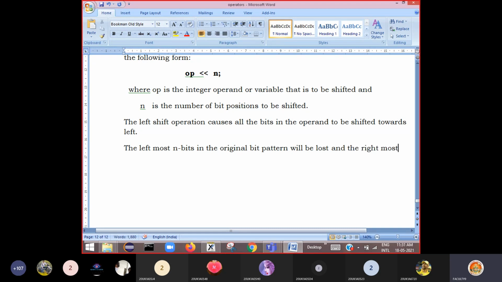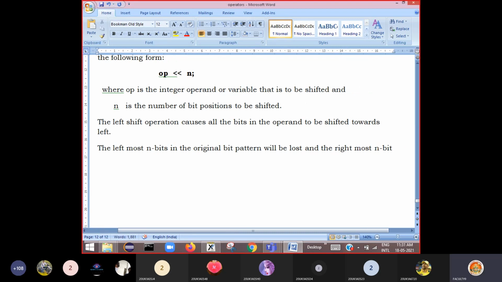rightmost n bit positions that are vacated will be filled with zeros.